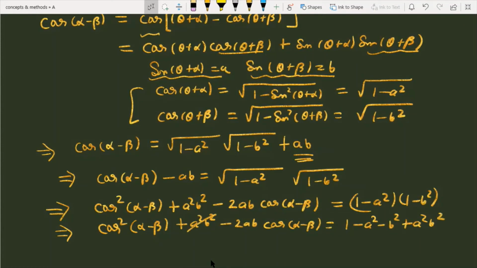You can check easily, we can cancel A²B² from both sides.